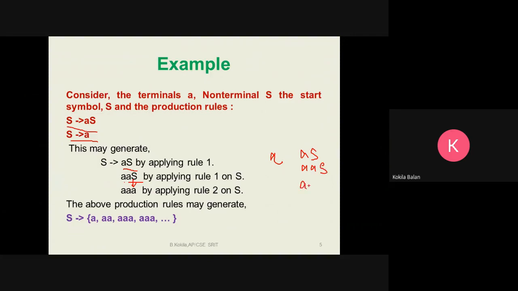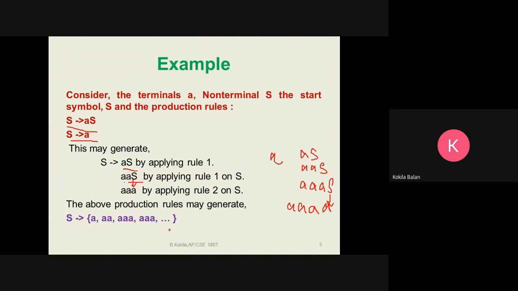And next, to generate another string, this S can be replaced with aS again, and finally this S can be replaced with a. So we have generated a string with four a's, and we can generate a string with a single a, two a's, triple a, four a's, and so on.